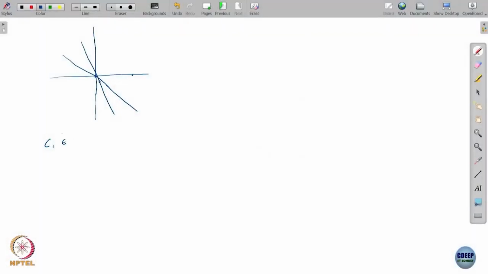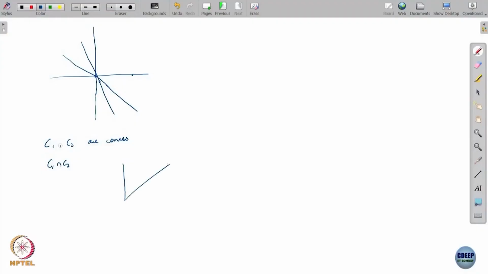Okay. So, suppose I gave you two cones C1, C2. If C1, C2 are cones, then what can you say about C1 intersection C2? What about the intersection of two cones? The intersection of two cones is a cone, but it can also be a trivial cone.